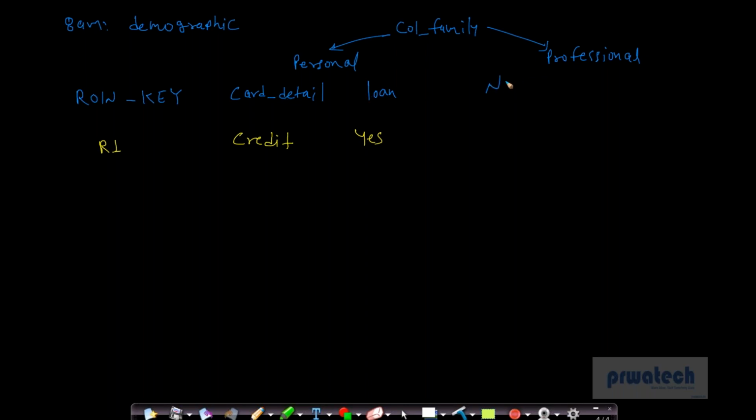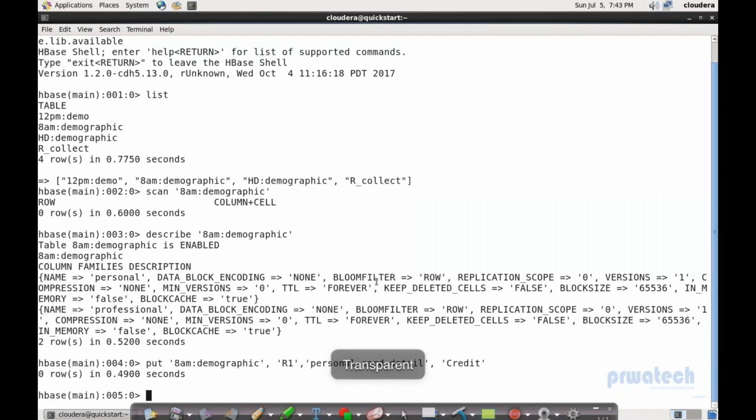Professional will have their name, their designation, and their salary. Okay. Maybe company name also, you can write it. So runtime, I can include column identifier in my column family. Name, designation, salary right here.